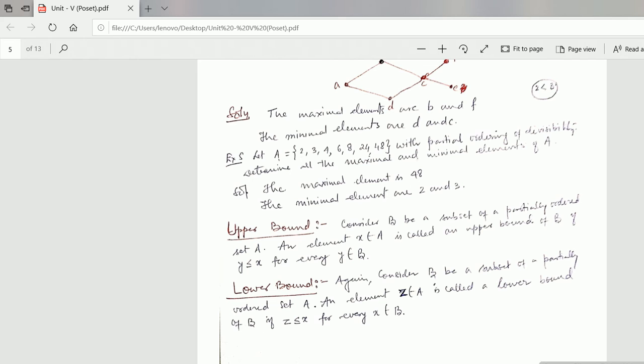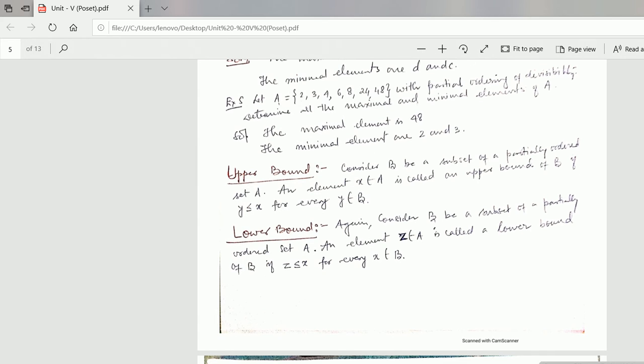Consider B to be a subset of a partially ordered set A. An element x belonging to A is called an upper bound of B if y is less than or equal to x for every y belonging to B. See this definition very carefully.